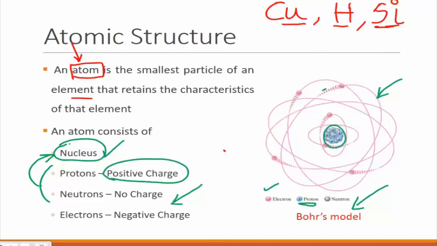If they are exactly equal, you have positive charge and negative charge which are exactly equal, and that cancels out each other. So the net charge is 0. That's why an atom is said to be neutral in its original state, if the number of electrons is equal to the number of protons.